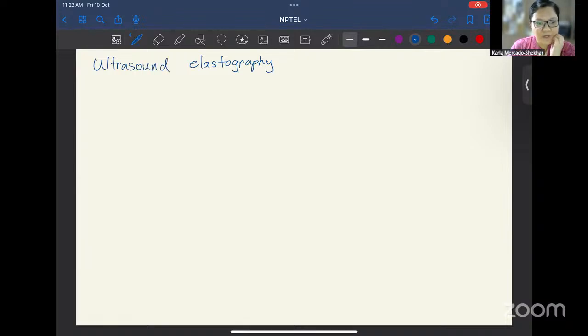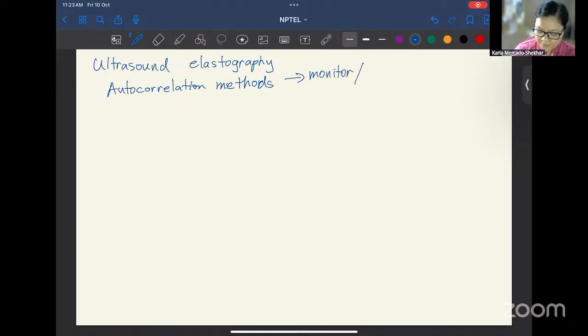Someone asked about the autocorrelation methods. In that lecture, I talked about autocorrelation methods, which are used to monitor or track, I can also say compute, displacements of tissues for elastography, right?